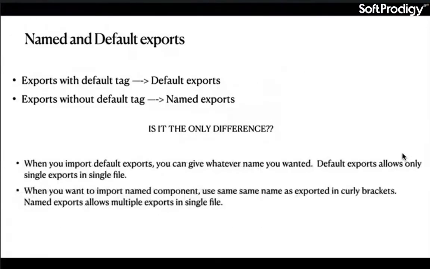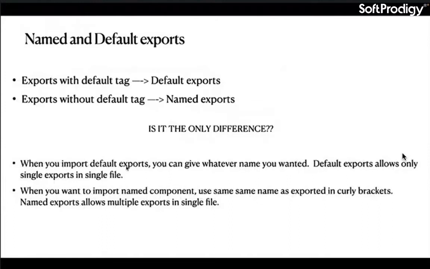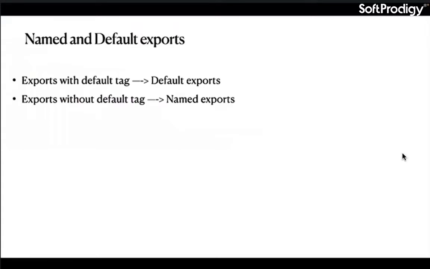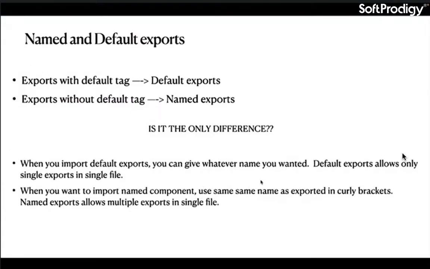No. If you are using export default, we are using default imports as well, right? So we are using default imports somewhere else. Default exports only allow a single export in a single file, so we don't need to add the exact name of what is being exported. I will explain that while we are coding in the coding session.